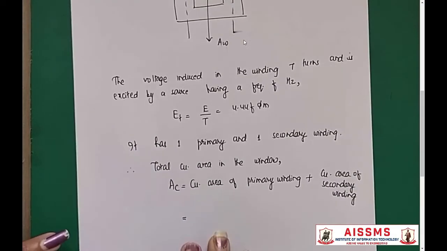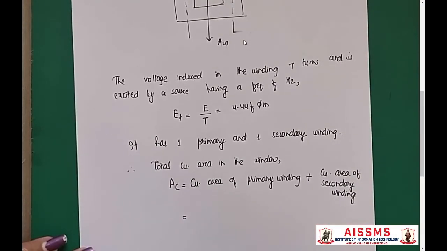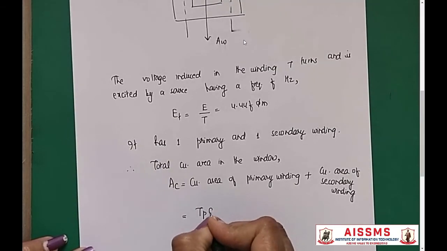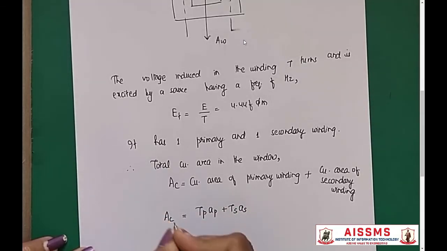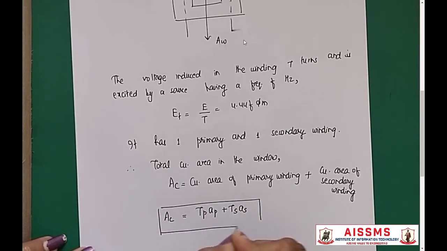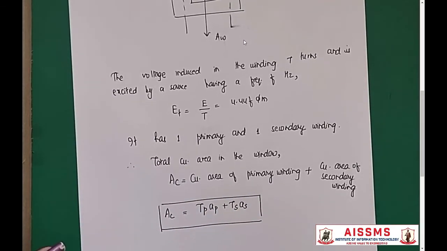Now, how will we get the copper area of primary winding? If we know the primary number of turns and area of primary conductor, we would be able to calculate the copper area of primary winding, right? So, the number of turns of primary winding is denoted by capital T subscript P. Let us assume that the area of the primary conductor is AP. Similarly, we can find the copper area of secondary winding, which is given by TS AS. Therefore, we get this expression that AC is equal to TP AP plus TS AS.